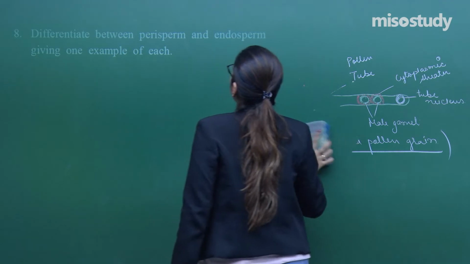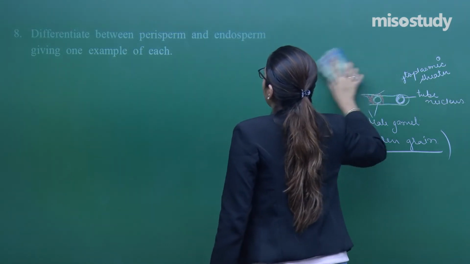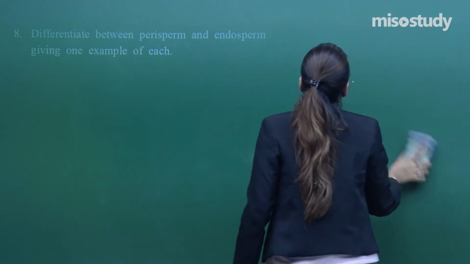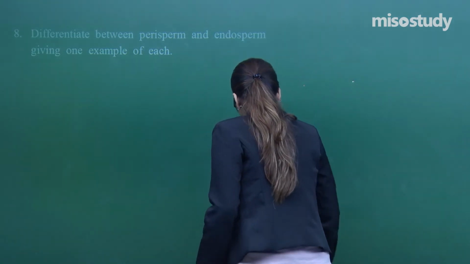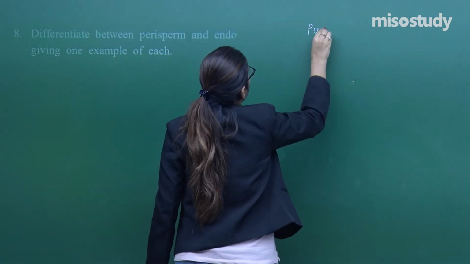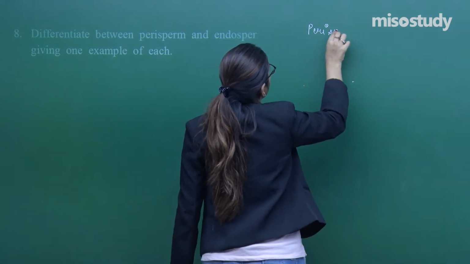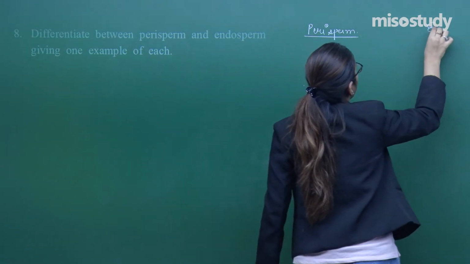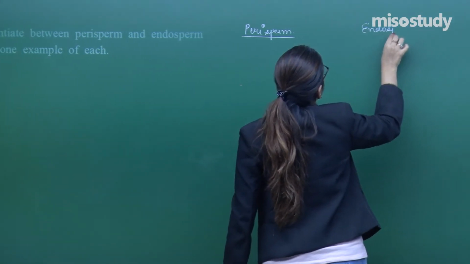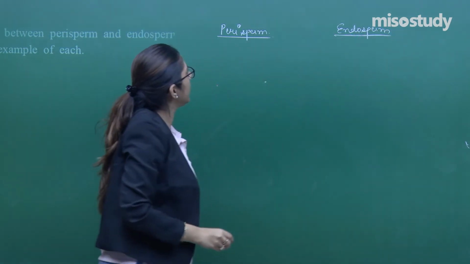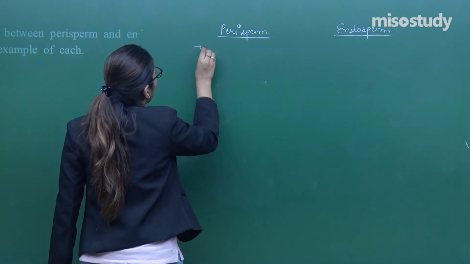Differentiate between perisperm and endosperm, giving one example of each. First of all, the perisperm. How are perisperms formed?